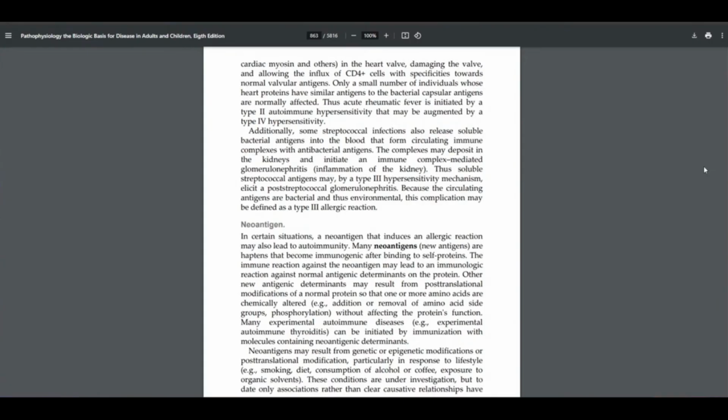Only a small number of individuals whose heart proteins have similar antigens to the bacterial capsular antigens are normally affected.